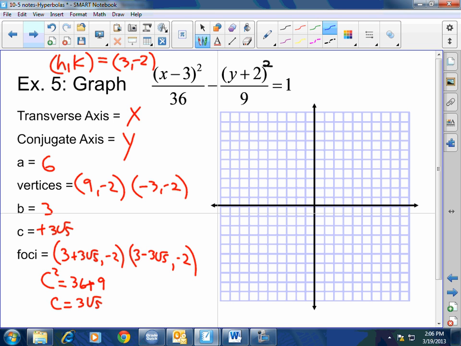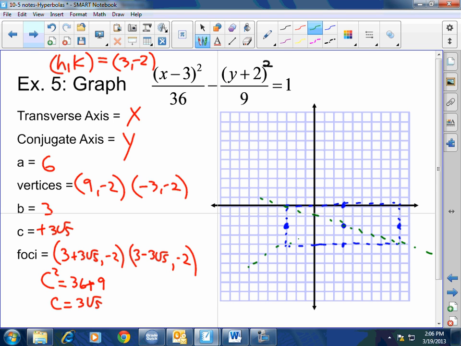Now, let's graph it. So my center is 3, negative 2. Boom, right there. 6 to the right, 1, 2, 3, 4, 5, 6. Or you could just go 9, negative 2. Negative 3, negative 2. Now, from the center, go up 2, go down 2, make my box. That's my box. Connect this corner, this center, and that corner.